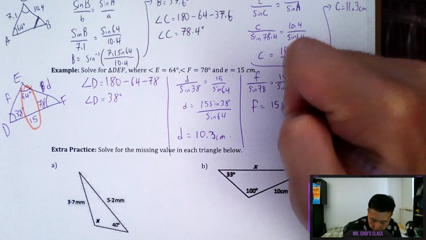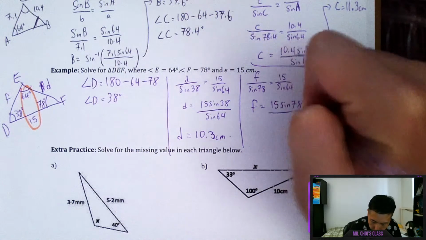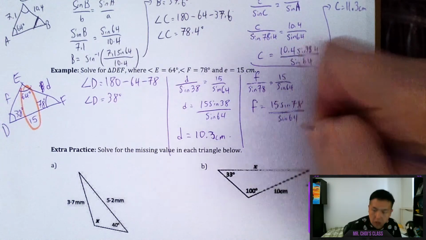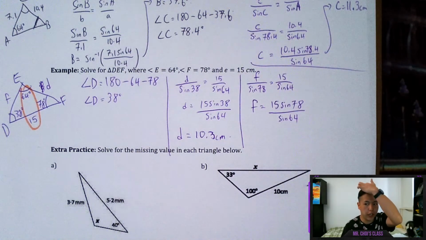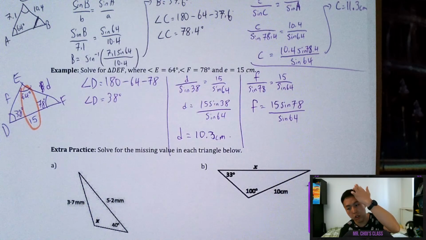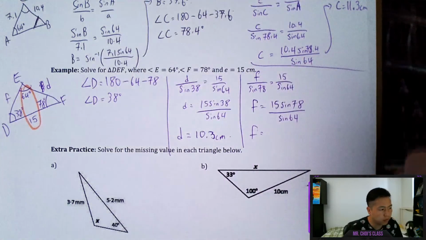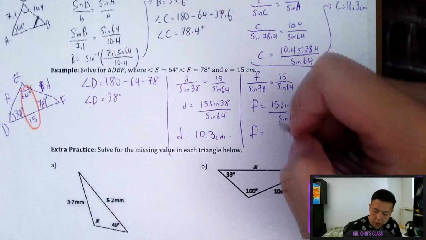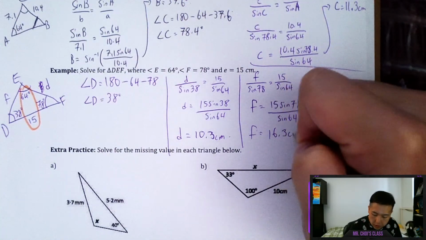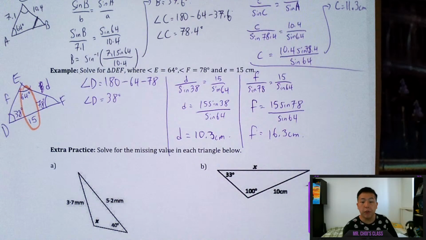Rearranging it, we get 15 sine 78 over sine 64, and we can solve for F. So F is going to be 16.3 centimeters. If you got all three of these answers right, then you are on a great track.